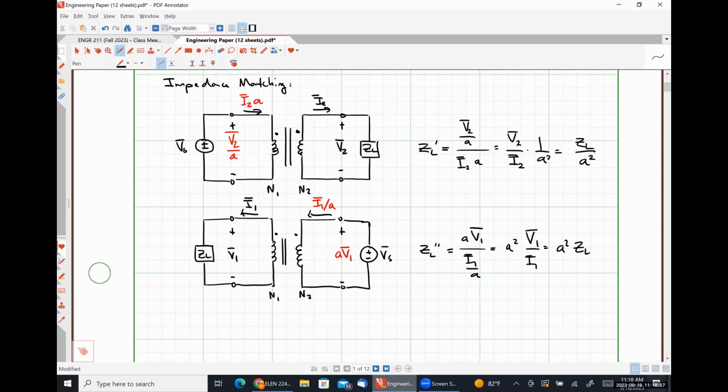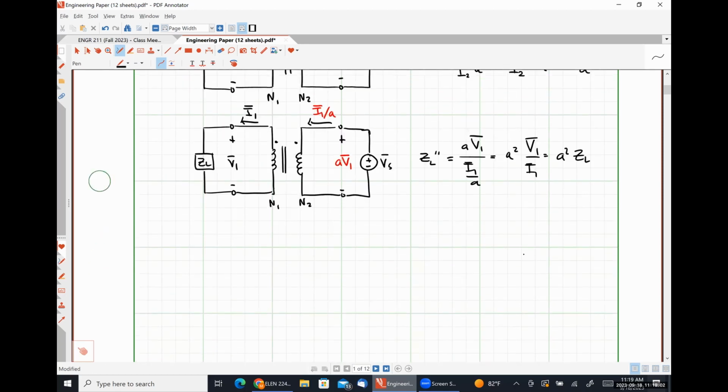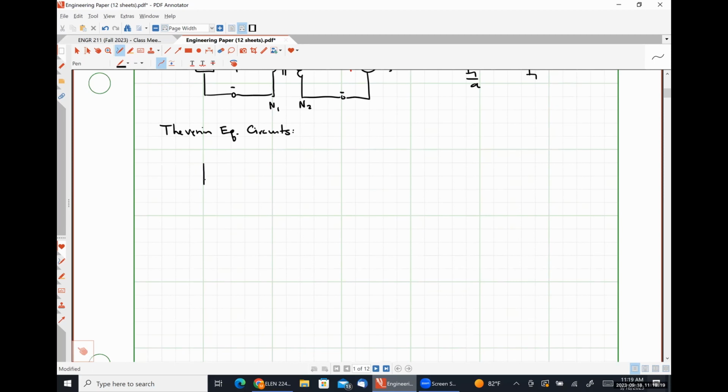All right, so now we're going to look at Thevenin equivalent circuits. Like I said, we are going to have a doubly excited circuit. So we're going to have some source voltage VS1 over here. Let's put some primary impedance Z1 here.